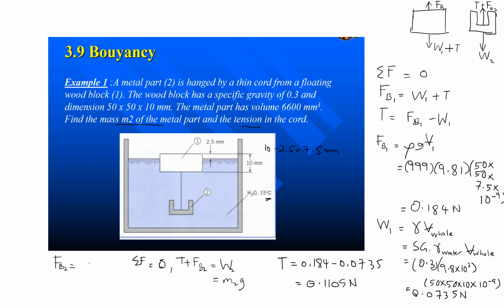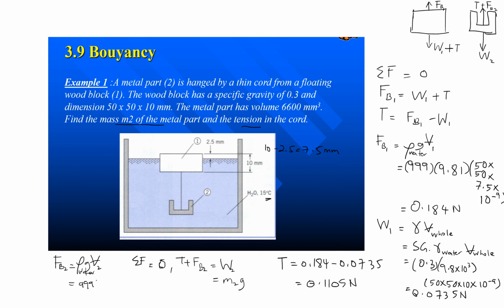FB2 is equal to gamma times, you can actually use gamma, or in this case I use rho g, so I just follow the same formula. This should be water, and this should be water as well. And this is the volume for metal. Metal is fully immersed, so the whole metal volume should be included.